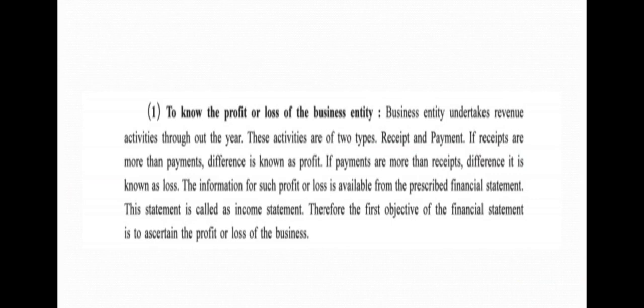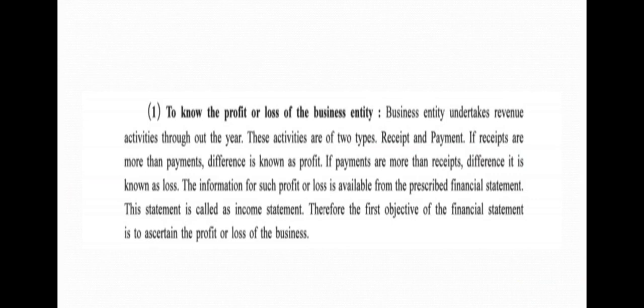So to know the profit or loss of the business, the entity undertakes revenue activity throughout the year. These activities are of two types: receipt and payment. If receipts are more than payments, then the difference is known as profit, and if the payments are more than receipts, then the difference is known as loss.